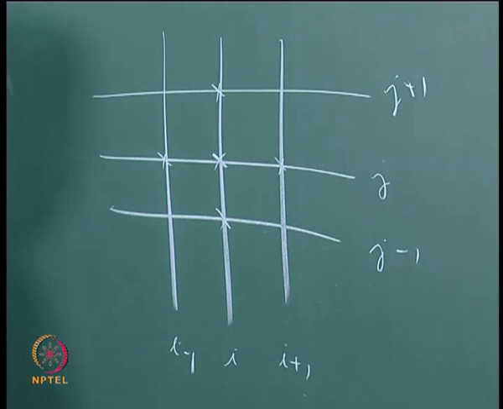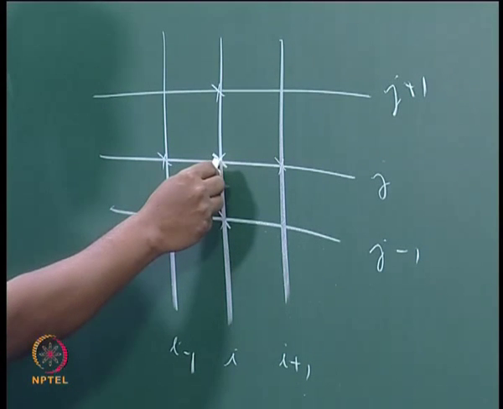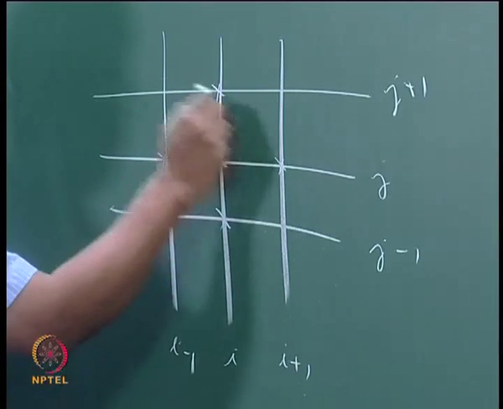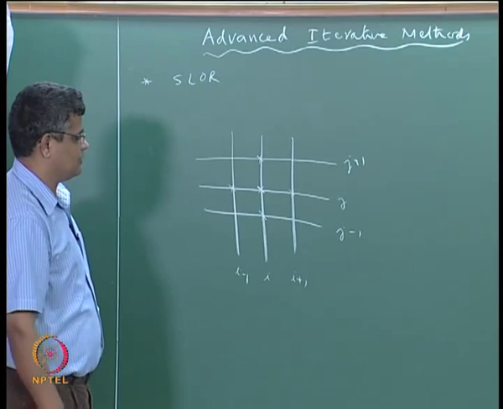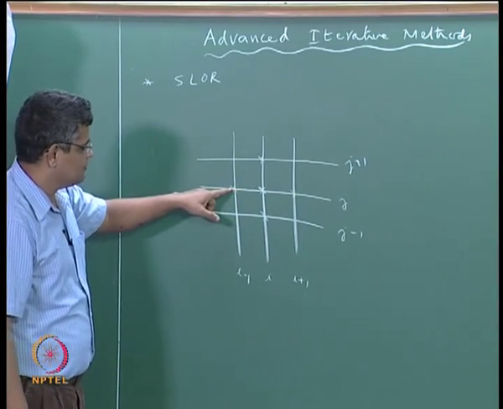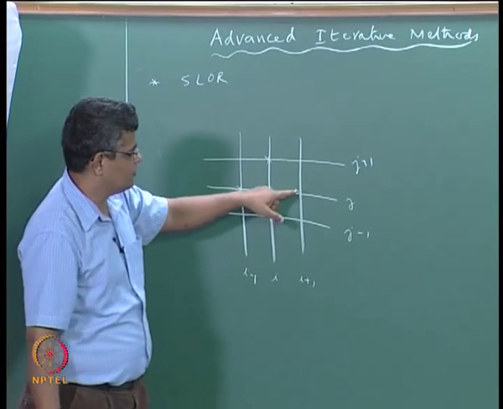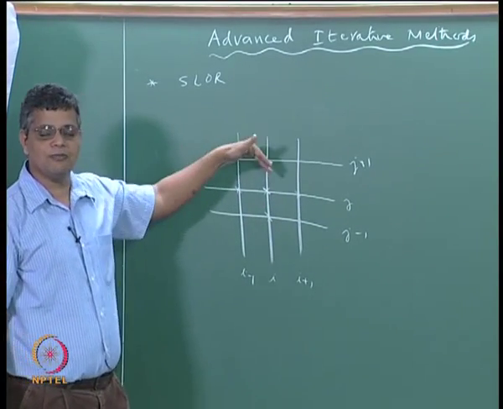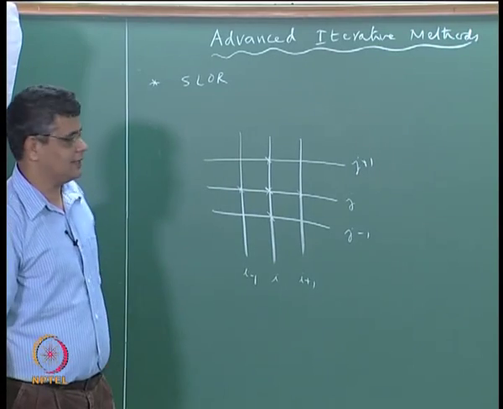But in each case the value of this is explicitly determined in terms of weighted values of the neighboring 4 points. So we compute this one and then we go to this and then we go to this and we finish this row and then come back, and we do point by point evaluation of each thing.